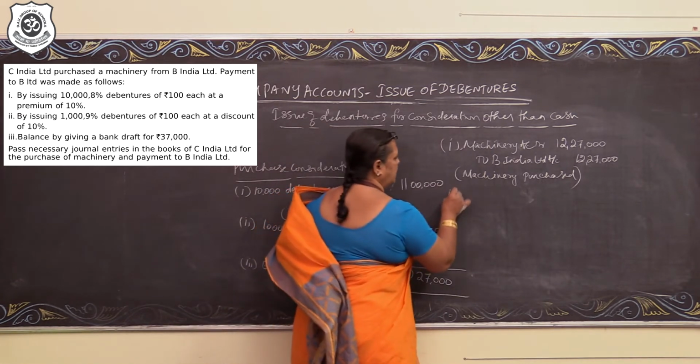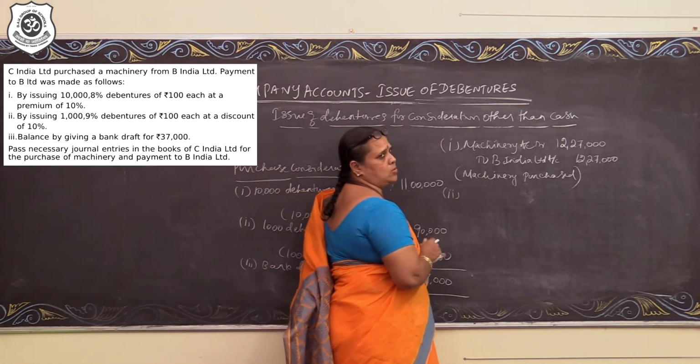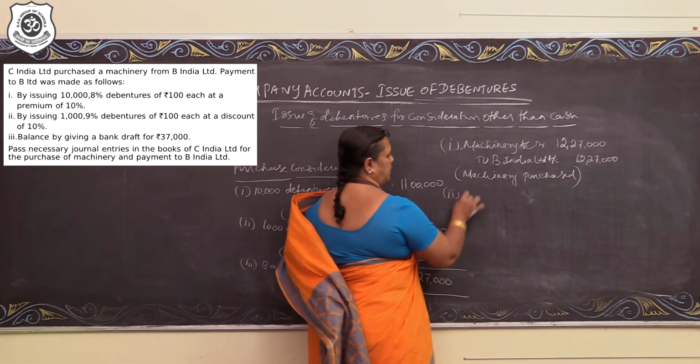So, the second entry is for the issue of 10,000 debentures at a premium of 10%.